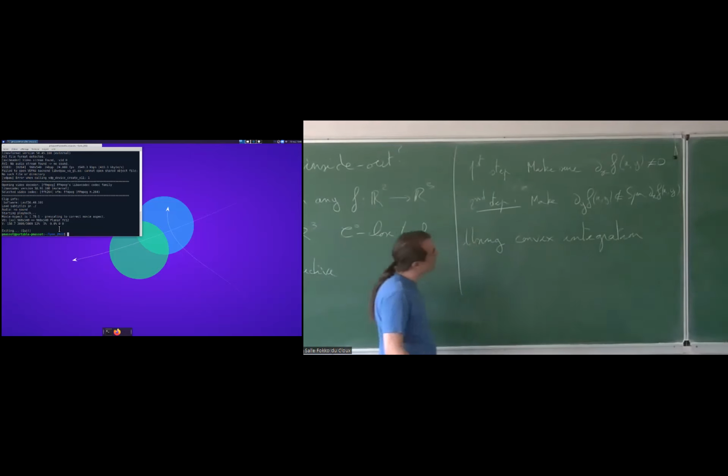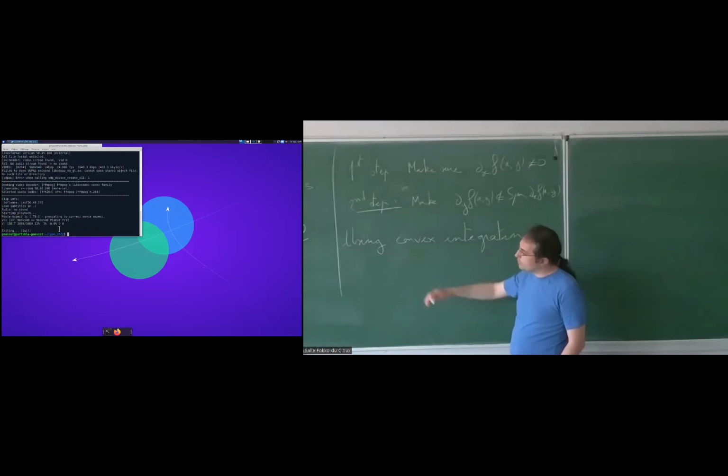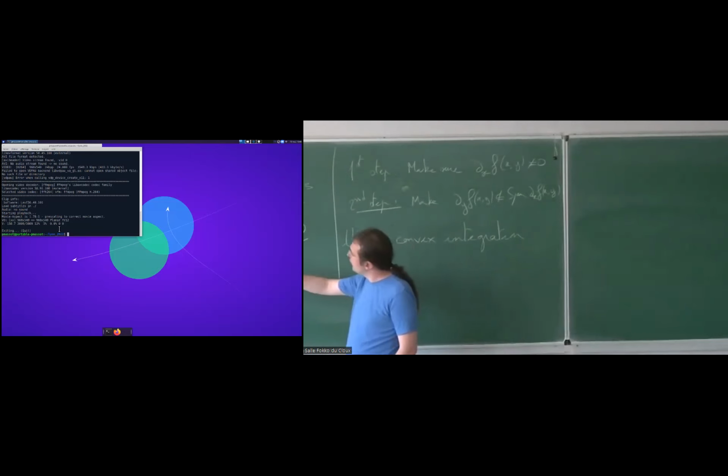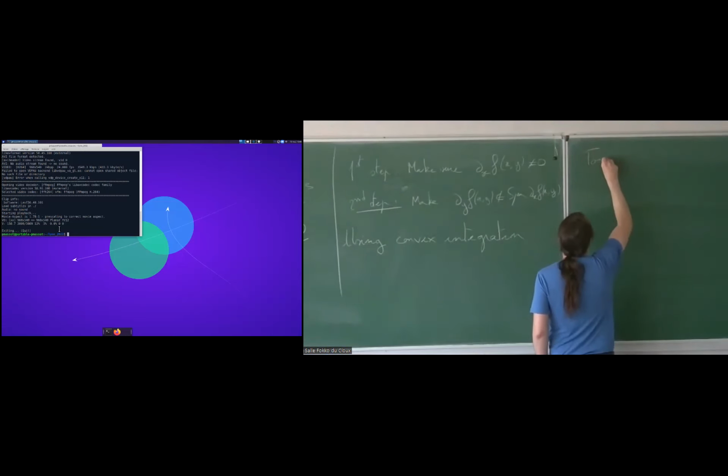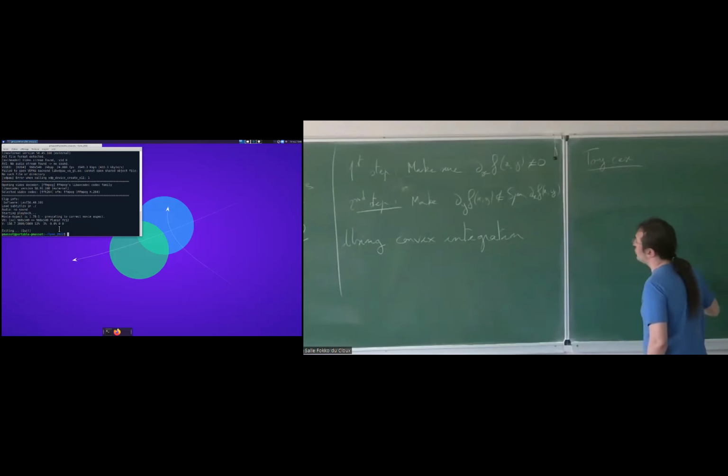I need to explain why convexity enters the picture, and how integration helps. There is a toy model to understand how convexity can enter this picture. It's because I want to get a solution that is very close to my initial map. So there is a toy case, and I will assume the source is one-dimensional.